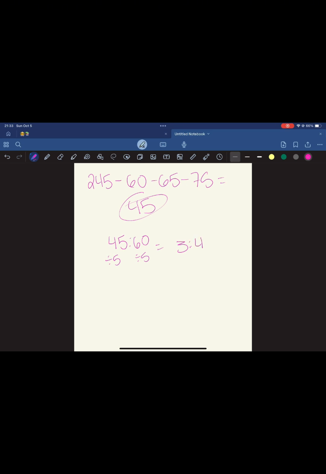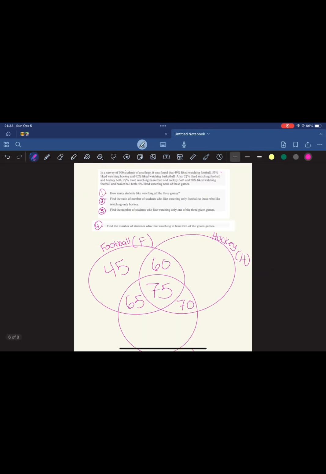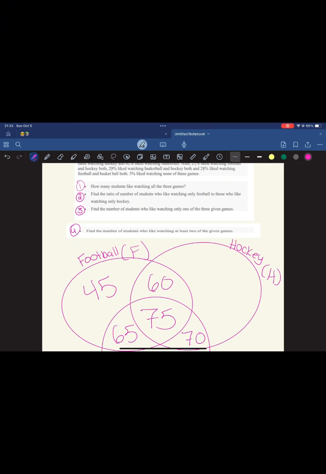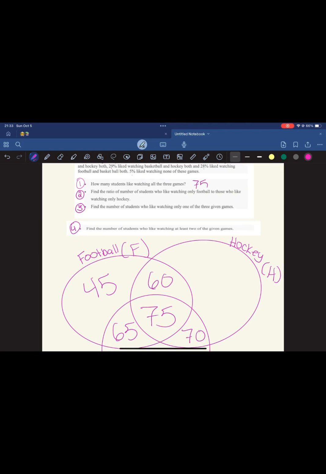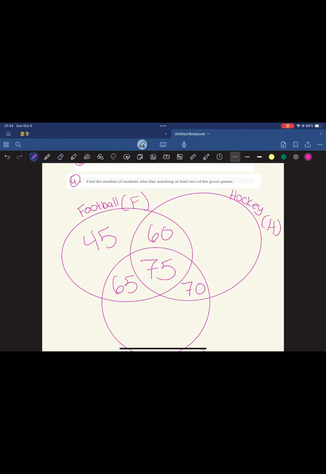And that is going to be our ratio, and we're going to put that there. We forgot to put our answer choice up there, so we're going to put 75 because we know that's our total. And then we have 3/4.